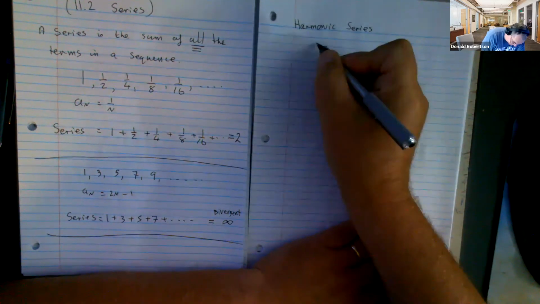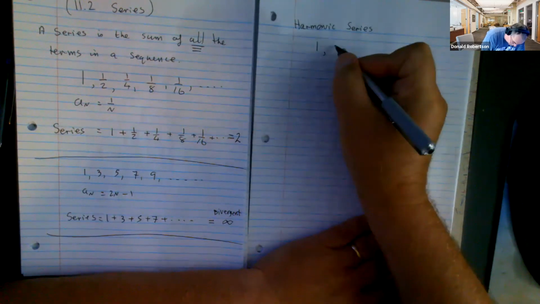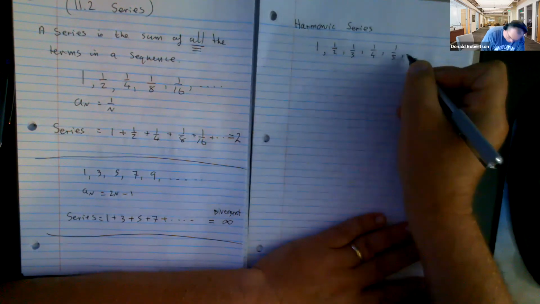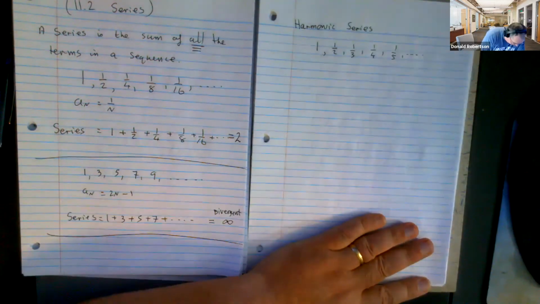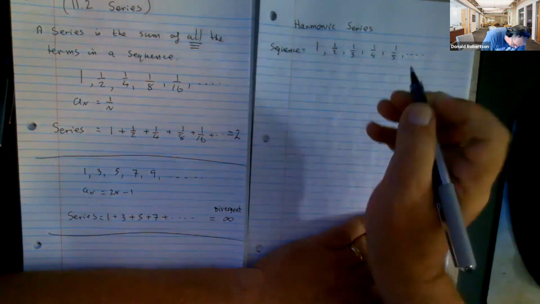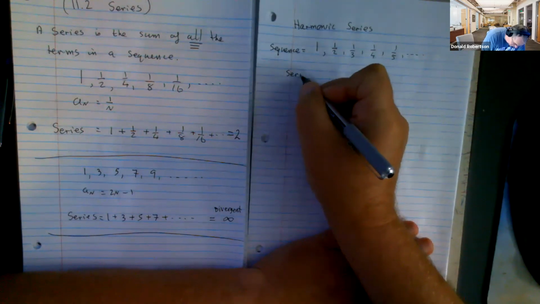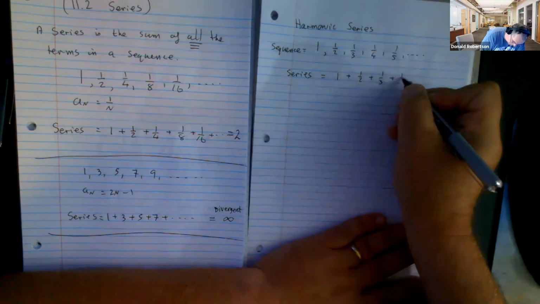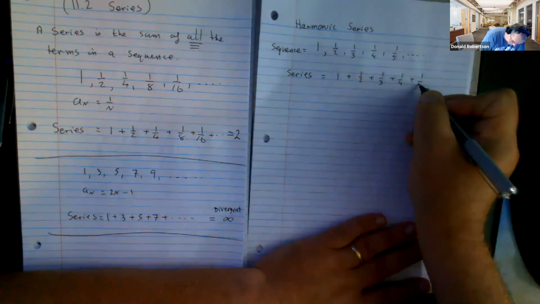Its sequence is 1, a half, a third, a quarter, a fifth, forever. That's what the sequence looks like. And the series is what you get if you add these up. The series is 1 plus a half, plus a third, plus 1/4, plus 1/5, forever.